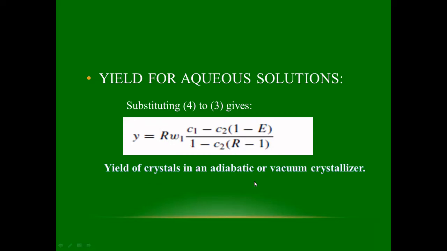Now, this formula allows you to determine the yield of crystals in your crystallizer. So, whether it's an adiabatic crystallizer or a vacuum crystallizer, whether there is degree of evaporation or not, if there's none, then this E will automatically be 0. But this formula will work even if you don't have your material balance anymore. You need not do material balance for both your solid and your solvent.